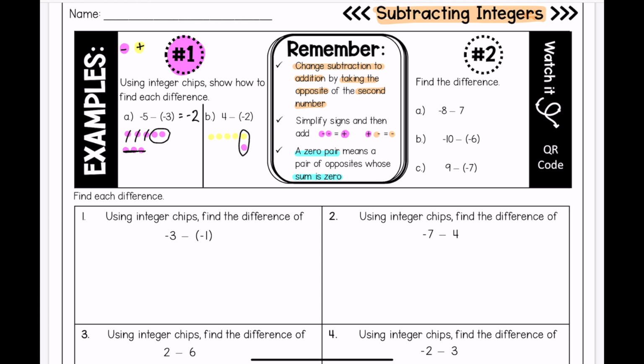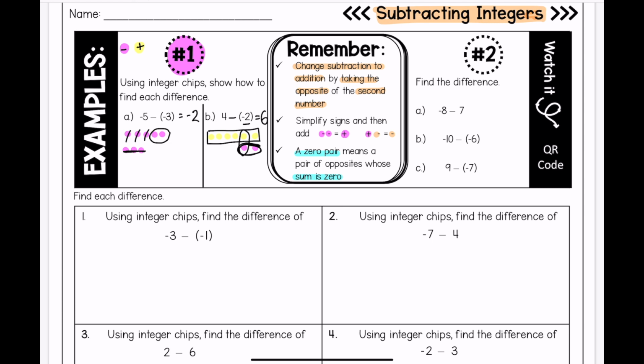I'm going to do it again because I want to take away 2 pinks, so I need another zero pair. Now I have 2 pinks that I can take away. These 2 pinks I can subtract out, since it said take away negative 2. I am left with all of these yellows, which would be positive 6. That's one way to do it.